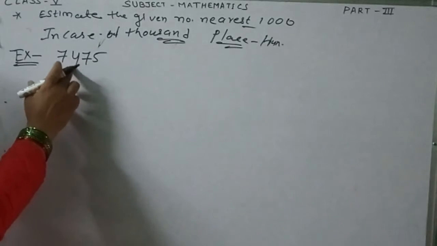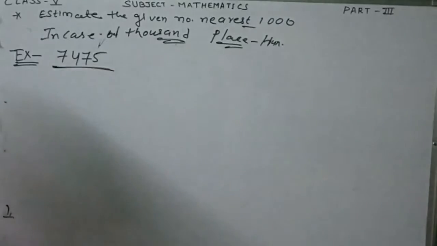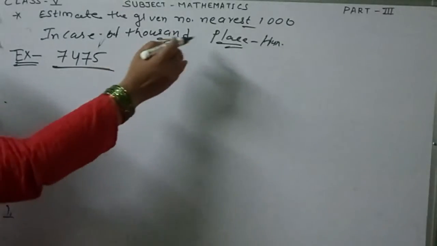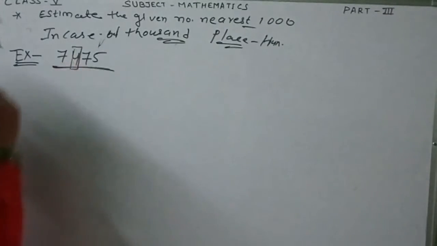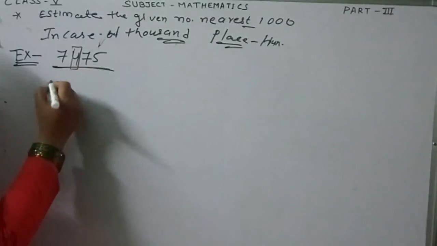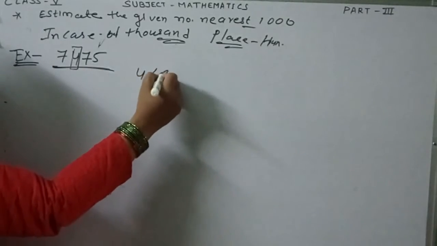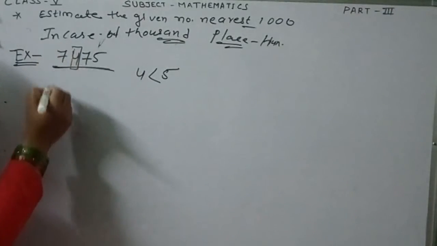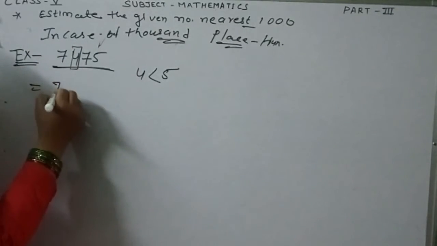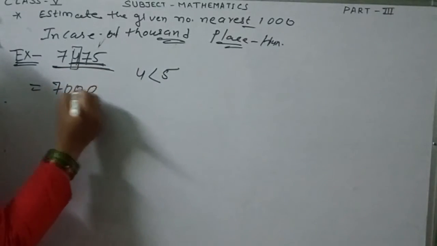You have to round this number to the nearest 1000. So which place value do we take? The hundreds place, just to the right of the thousands. Here compare the digit 4. 4 is less than 5, so there is no need to add one more. You simply write 7, and the last three digits become 0, so 7000.